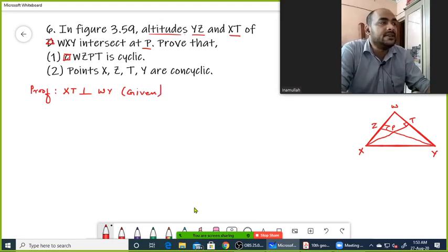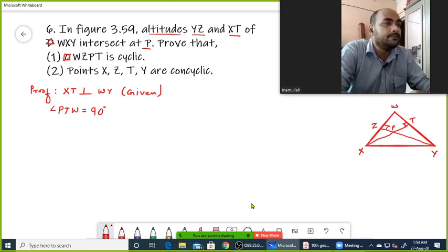If XT is perpendicular to WY, then I can say angle PTW is 90°. Angle PTW, I am talking about this angle, because XT is perpendicular to WY.